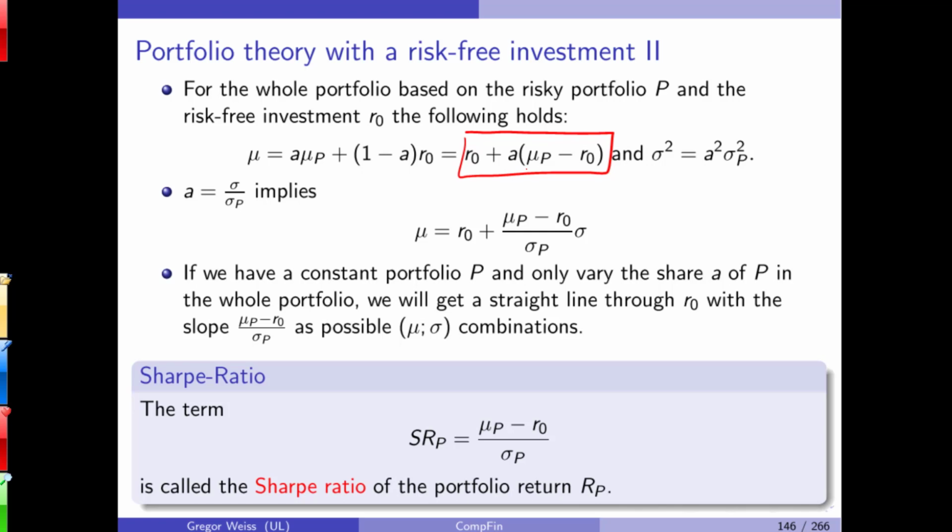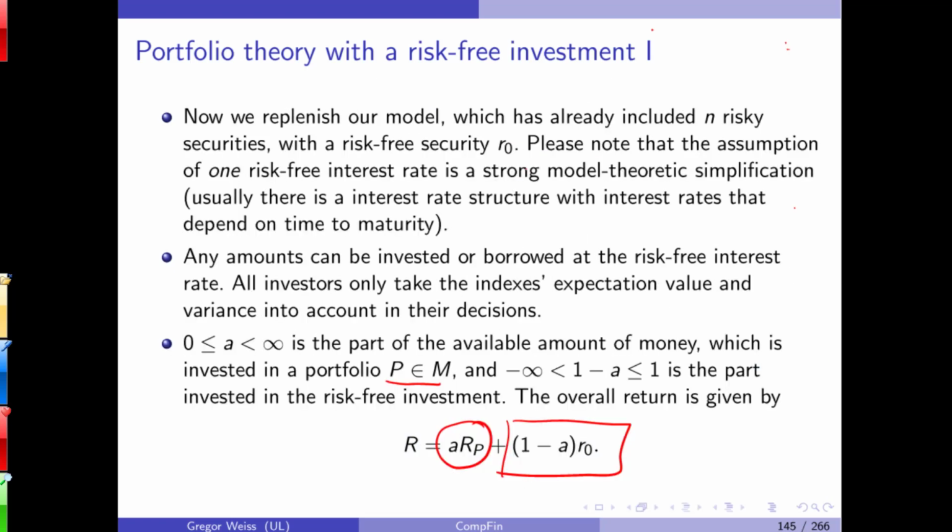And the variance of the full portfolio is simply A squared times the portfolio variance. Why is that? If we were to do it strictly by the book, R here is our new random variable. We need to calculate the variance of a random variable, and the random variable is given by a linear combination of two other variables, Rp and R0. Now here we can see that R0 is not stochastic, it's deterministic, so the variance of R0 is 0.